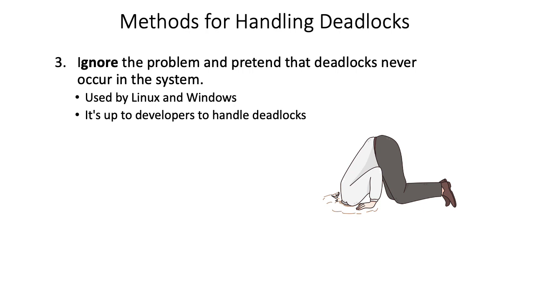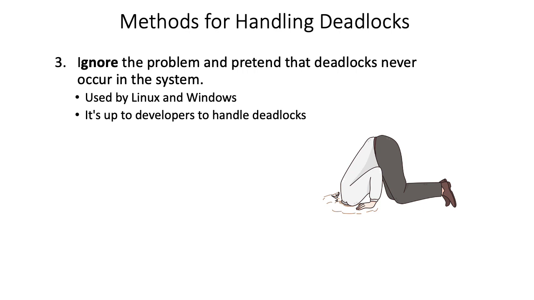So Windows, for example, prior to Windows 10, had a limited ability to detect deadlocks and take actions to handle them. However, the default behavior was actually to just ignore them and rely on well-designed software to not cause deadlocks.